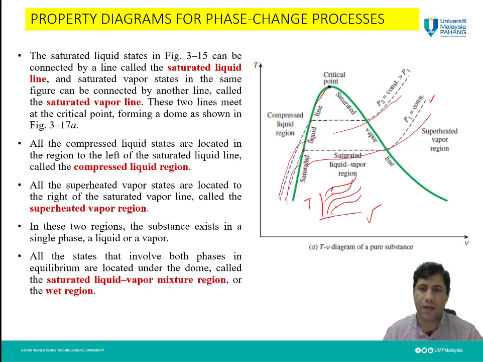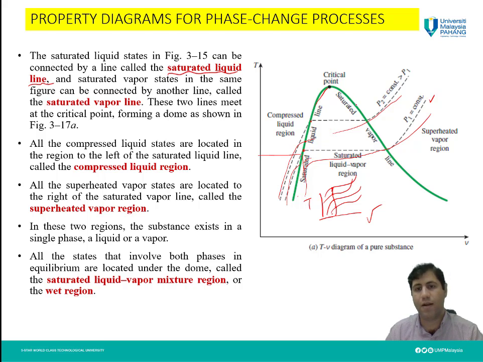And if we connect these points to each other, an infinite number of them, it will be another line, which we call the saturated liquid line, because if the temperature and volume of that substance are located on this line, it will for sure be in the saturated liquid phase. So we call this line saturated liquid.